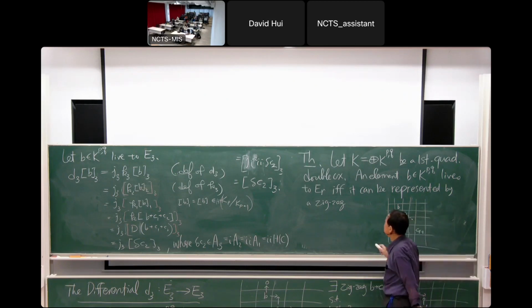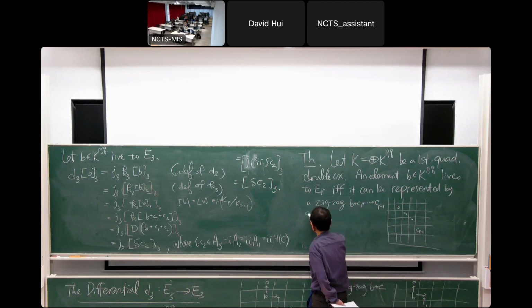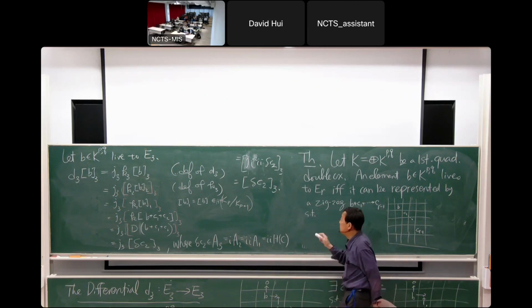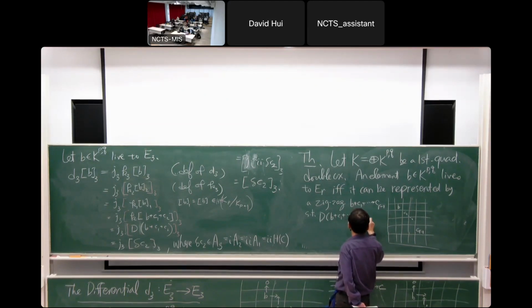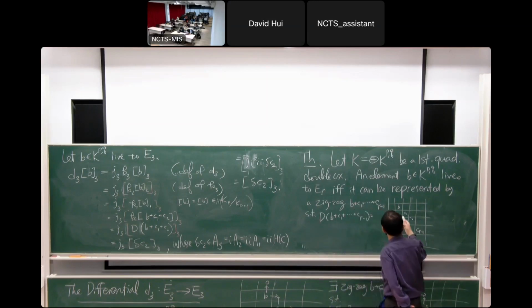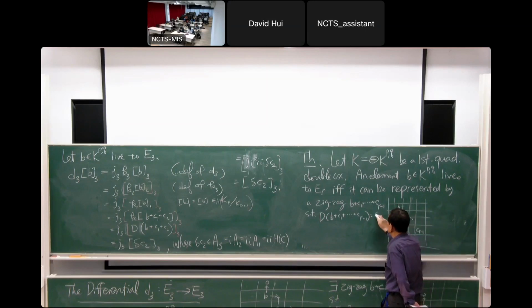By a zigzag, B plus C1 plus up to C_{R-1}, such that D of it, okay, everything will cancel except the tail term.